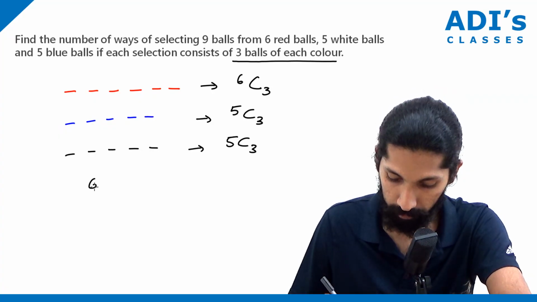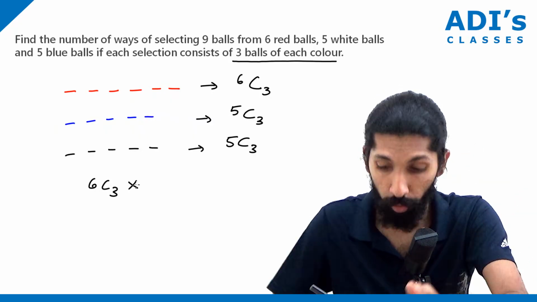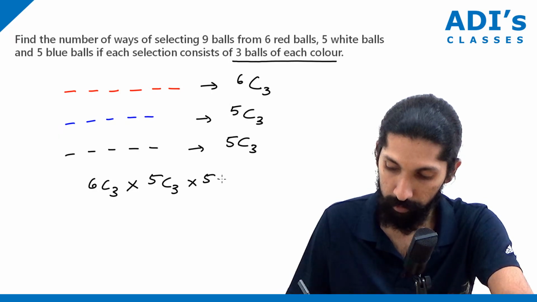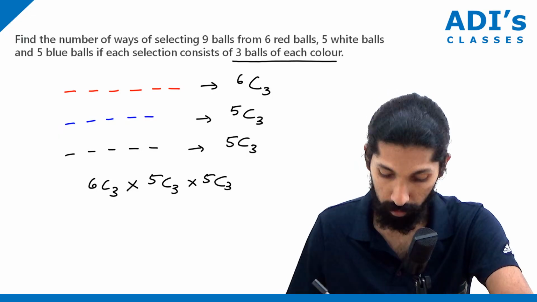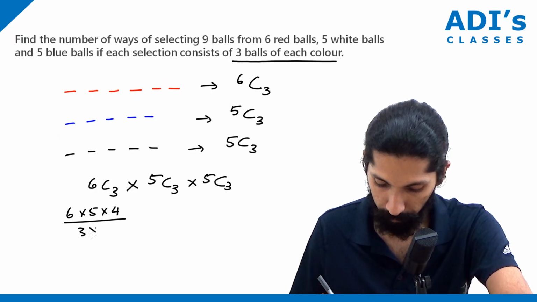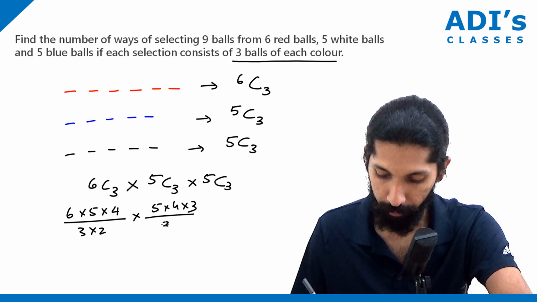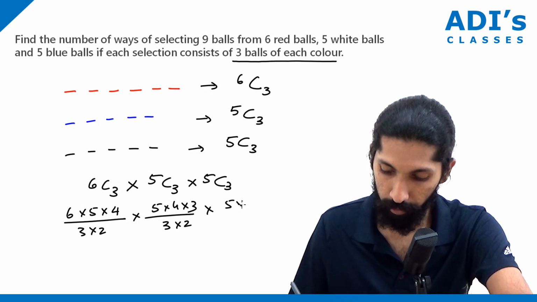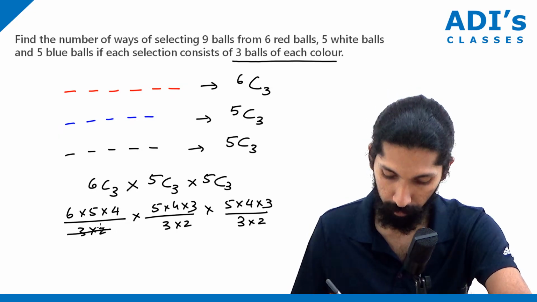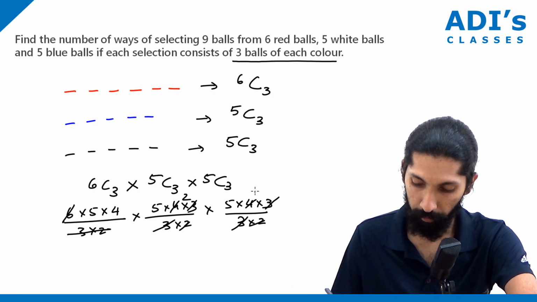So we have 6C3 into 5C3 into 5C3. So we're going to have 6 into 5 into 4 by 3 into 2, times 5 into 4 into 3 by 3 into 2, times 5 into 4 into 3 by 3 into 2. 3 into 2 is 6, the 3s and 2s cancel.